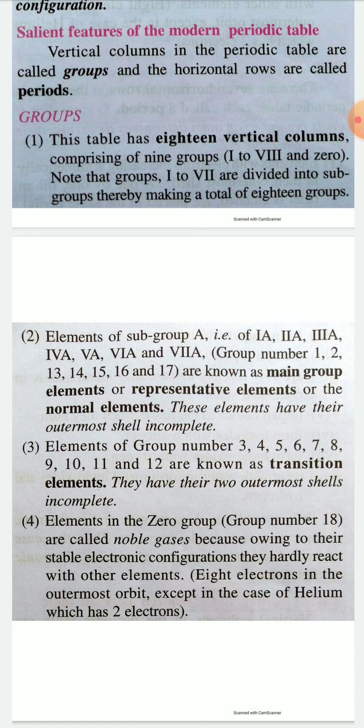The elements of group numbers 3, 4, 5, 6, 7, 8, 9, 10, 11 and 12 are known as transition elements. They have their two outermost shells incomplete.